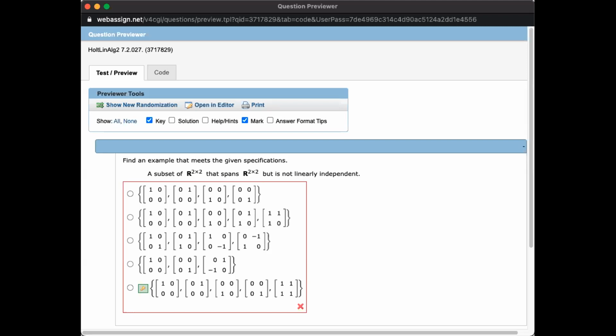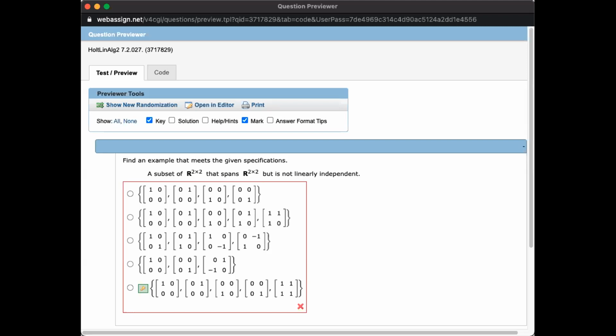Okay, so let's look at this one first to see whether we think that this one spans and is not linearly independent. I should write this one down. Which one did we say this one was? Number 11? Yes. Number 11 on the 7.2, 7.3 homework.